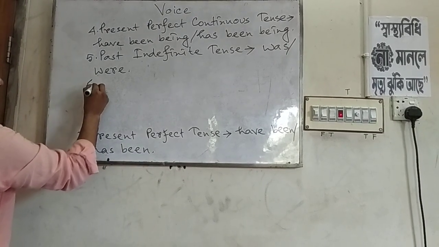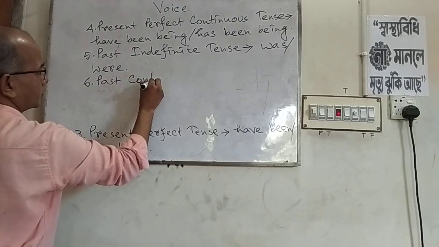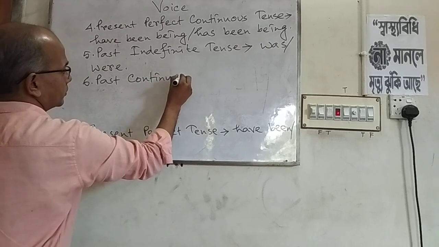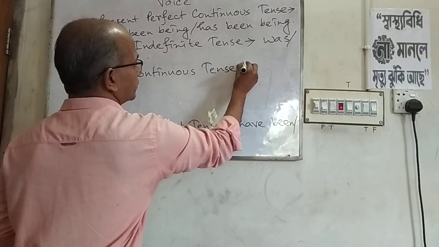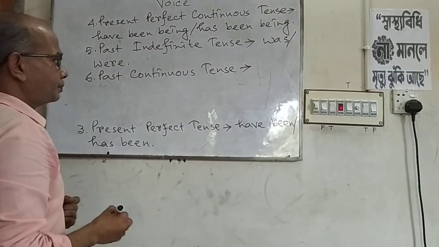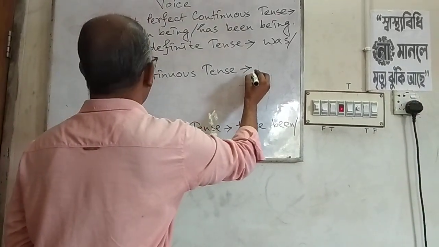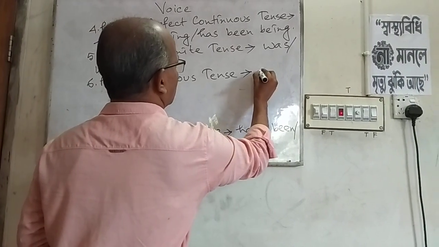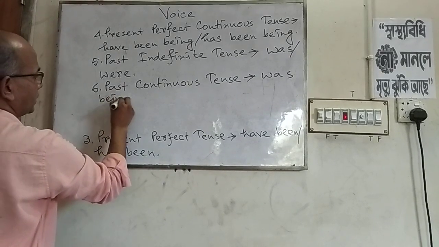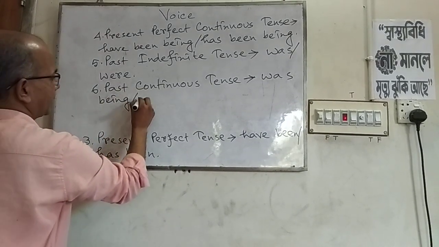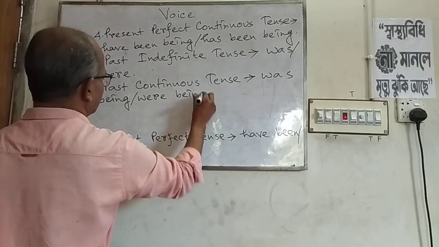Then there is past continuous tense. In this case, the auxiliary verbs are was being, were being.